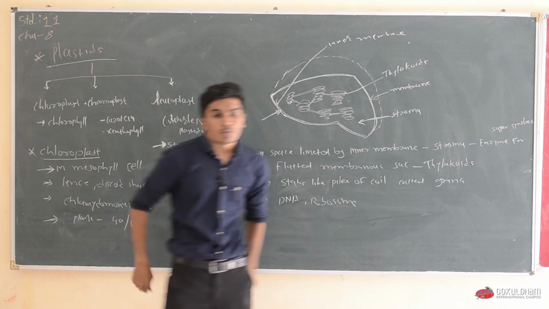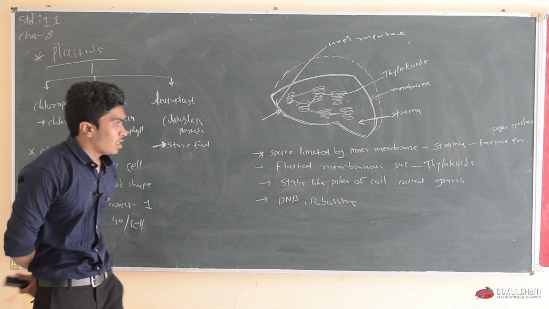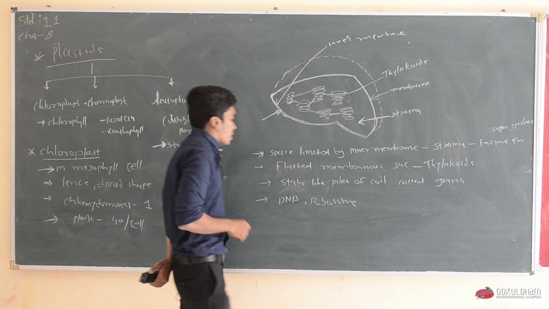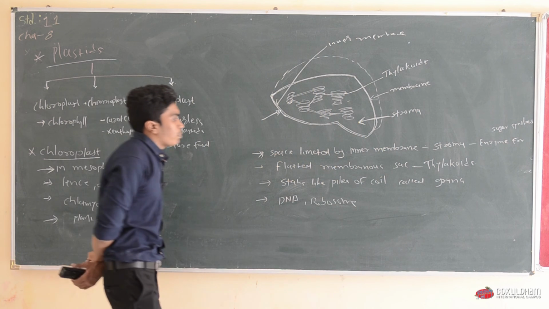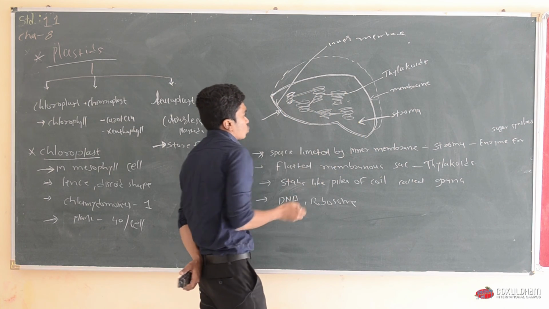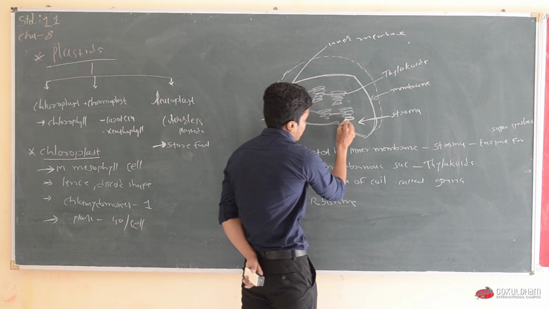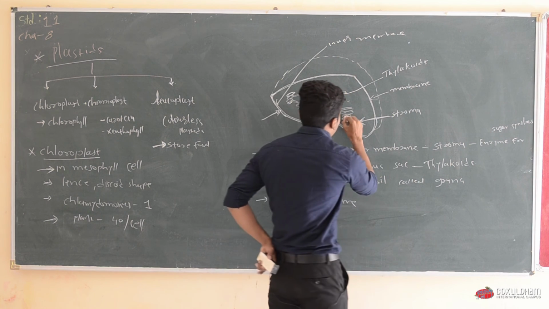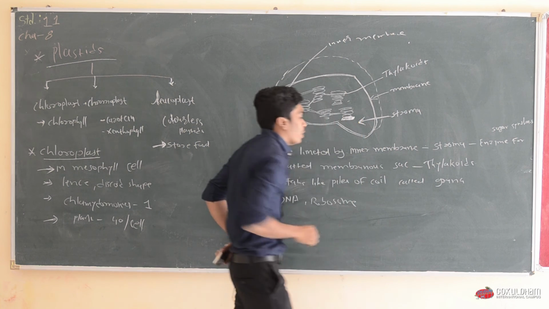Stroma is the site for the production of sugar in the plant, and in stroma, the flattened membranous sac-like structures present are known as thylakoids.